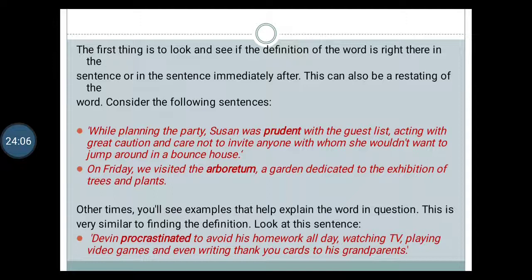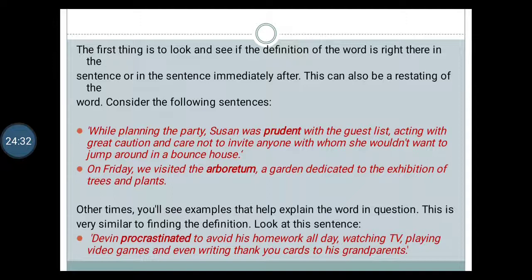Do you see it? So many times we see words like this, but because we do not know anything about context clues, we don't look a little bit more to see if we can actually find the meaning of the word. And the meaning of prudent has been written here for you. Acting with great caution and care. That is what it means to be prudent.